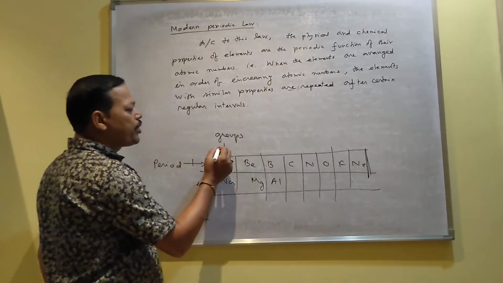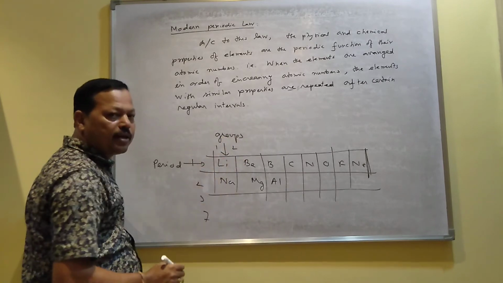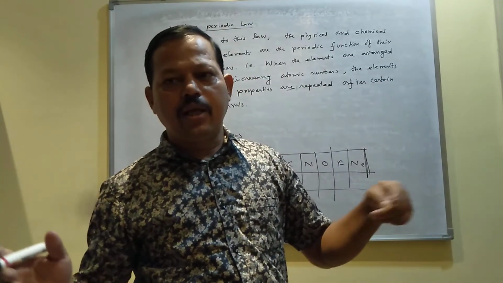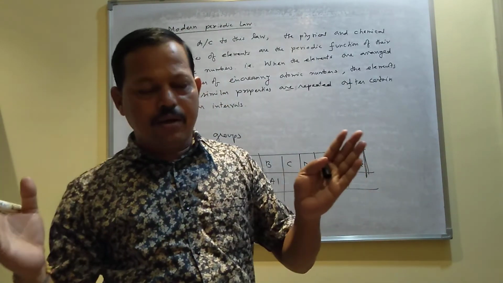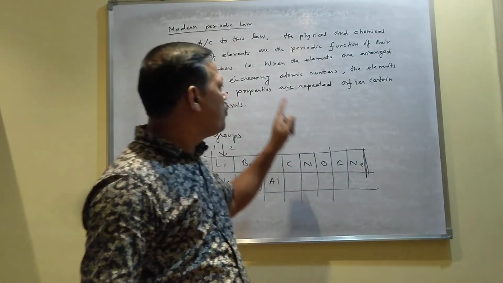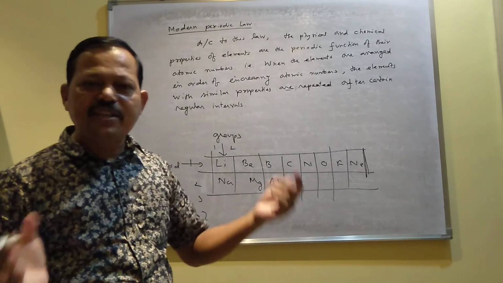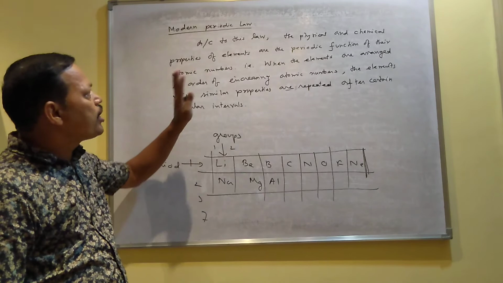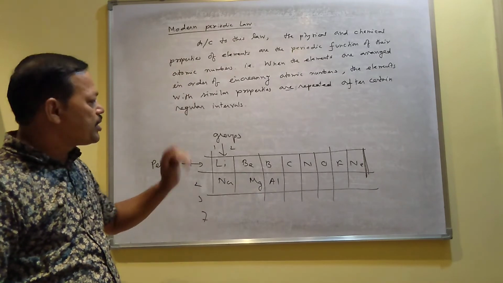And the groups are also represented as 1, 2, 3, 4 like this. But in the modern periodic table, there are 18 groups. In Mendeleev's periodic table, there were only 9 groups, but in the modern periodic table, there are 18 groups. So in this way, the modern periodic table was discovered.